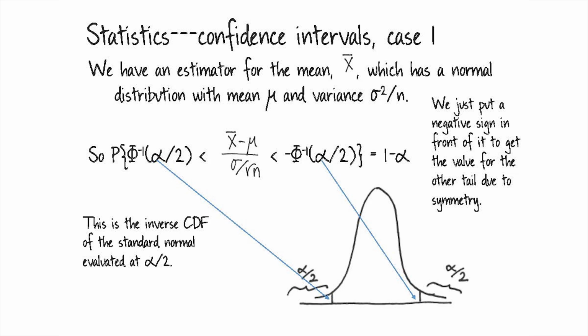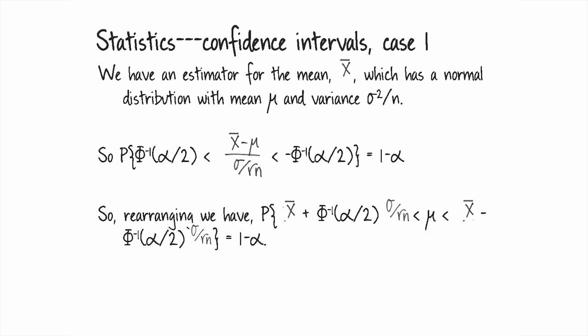Okay, so now what do we do? It's not in the form of a confidence interval yet. Remember, we have to have mu, the unknown parameter, isolated in the middle. Well, we just do a little rearranging, that's all. So we do a little rearranging, and then on the left we have x bar plus capital phi inverse of alpha over 2 times sigma over root n.